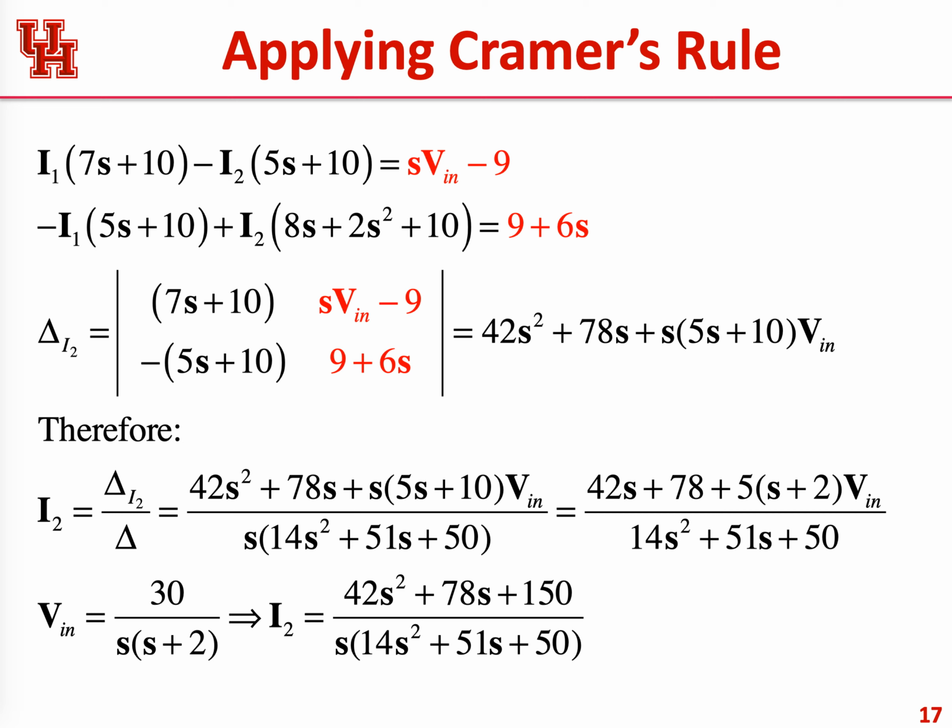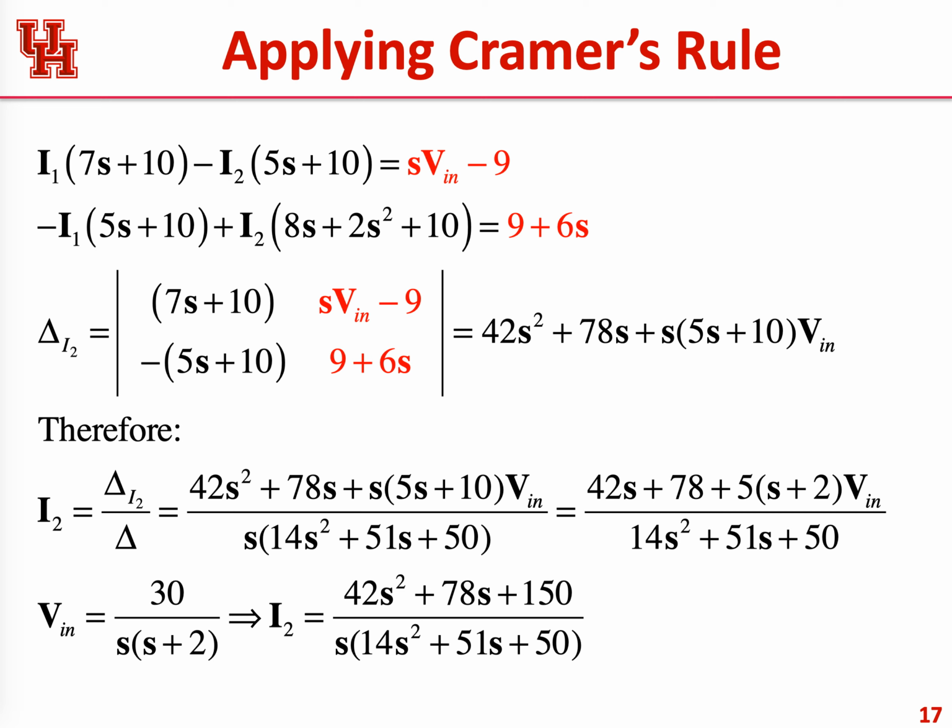So this is s times s plus 2 in the denominator, 15 in the numerator, s plus 2 minus s, which is just 2. So this is going to be 30 divided by s times s plus 2, right?